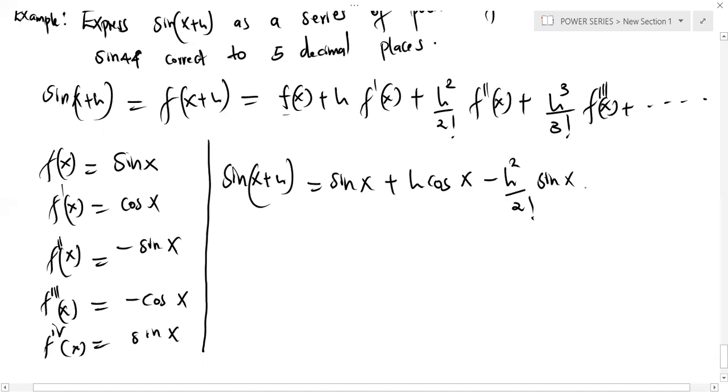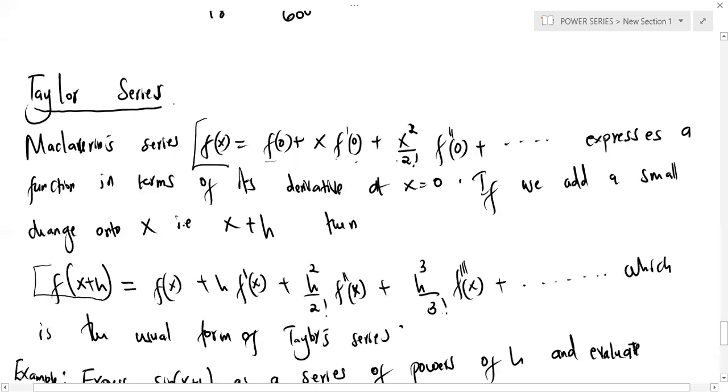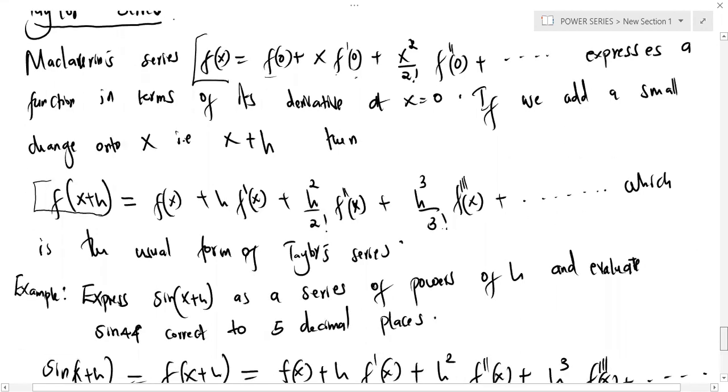And then this also still has a minus, so minus h cubed over 3 factorial, f third prime is minus cos x, so the minus is here, and then we have the cos x there. So basically, that's our expression of sine x plus h using the Taylor series.